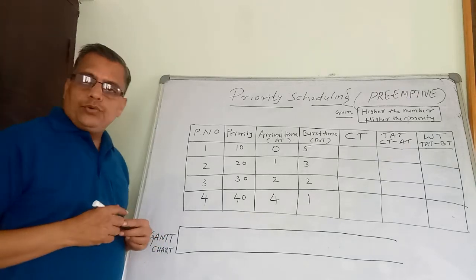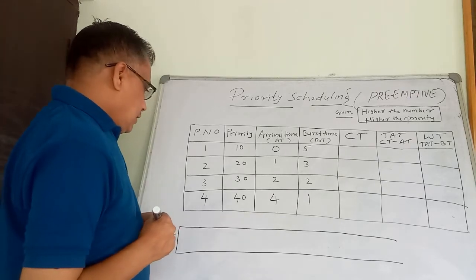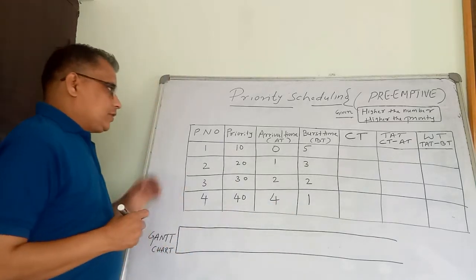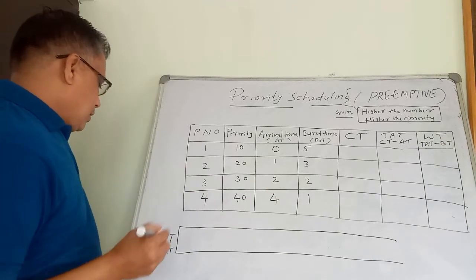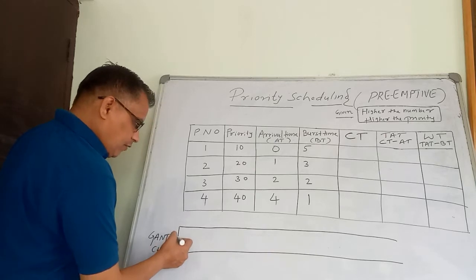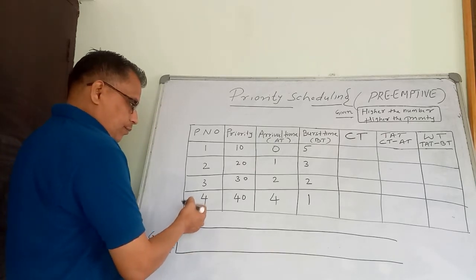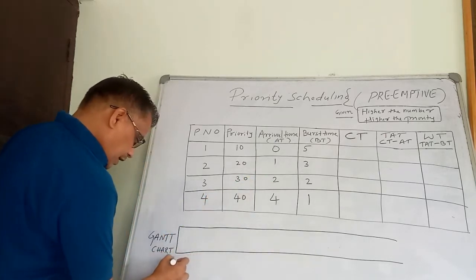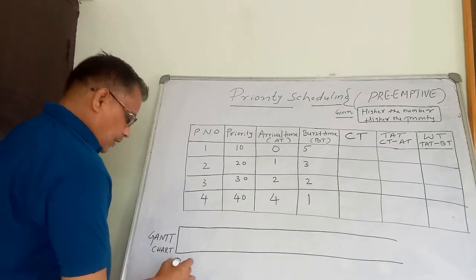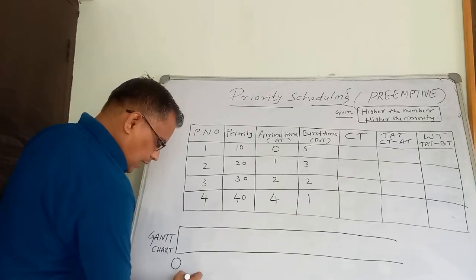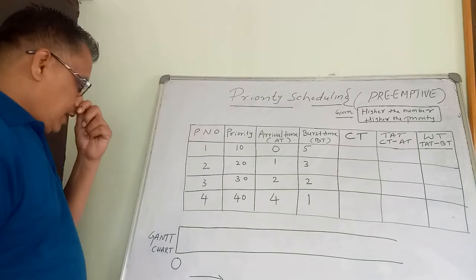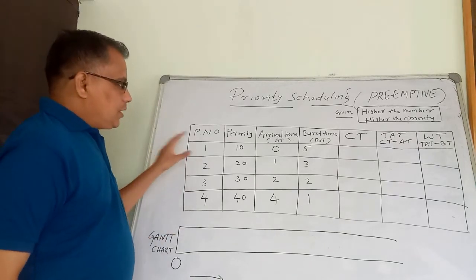One more thing you need to understand: when considering the Gantt chart for this priority scheduling algorithm, this is the representation of the processes belonging to the CPU. It always starts with 0 seconds, and the time is going to increase all the time. Now come back to the table.